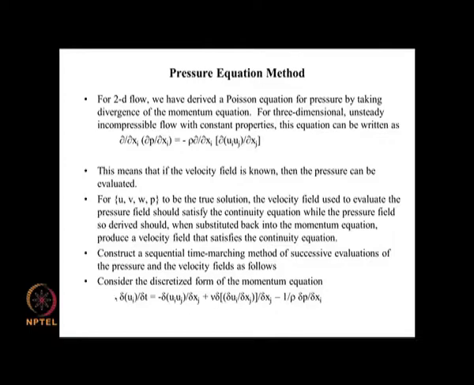We are writing this as a discretized form, so as to distinguish it from the continuous form. We are using this delta here, and we have taken this term onto the right hand side, so that we have del ui by del t equal to minus del by del xj of ui uj plus nu the kinematic viscosity times del by del xj of del ui by del xj minus 1 by rho del p by del xi.